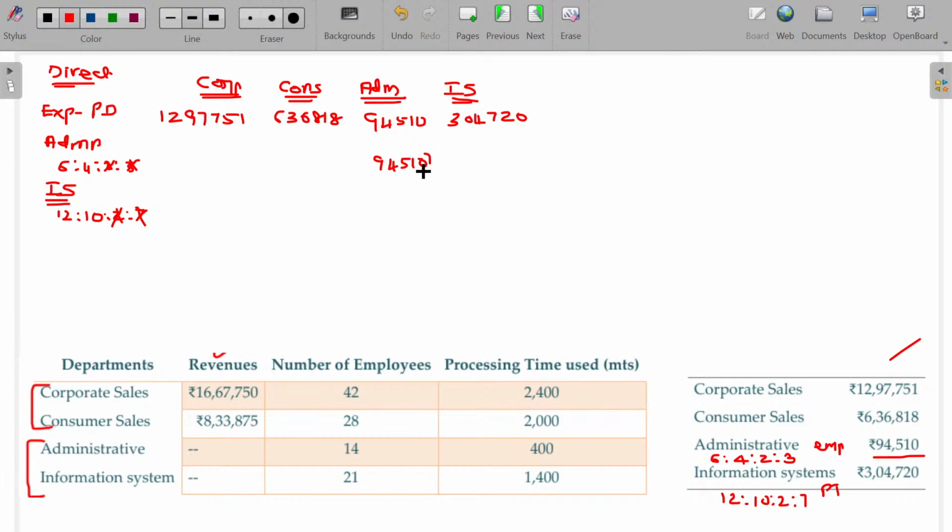94,510 is distributed to corporate and consumer sales in the ratio of 6:4. 56,706, 37,804. Similarly here 3,04,720 should be distributed in the ratio of 12:10, otherwise 6:5. 1,66,211, 1,38,509.